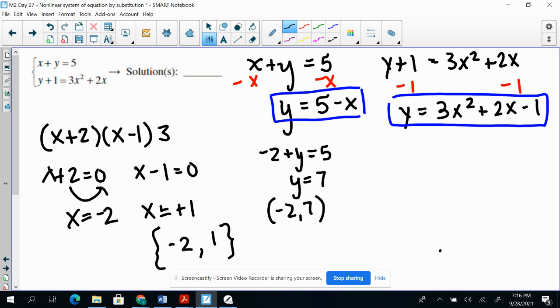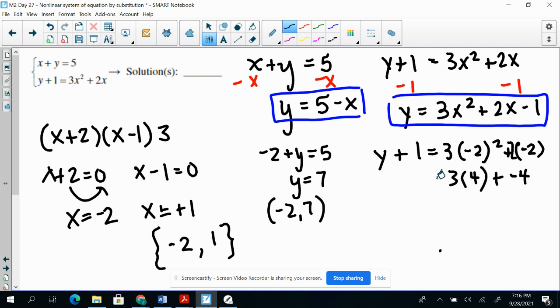Then for our second equation, it should be the same for x is negative 2. So y plus 1 equals 3 times the negative 2 squared plus 2 times the negative 2. We have to do 3 times the negative 2 squared first because of exponent rules. That's going to be 4. So 3 times 4 plus 2 times the negative 2, which is negative 4.